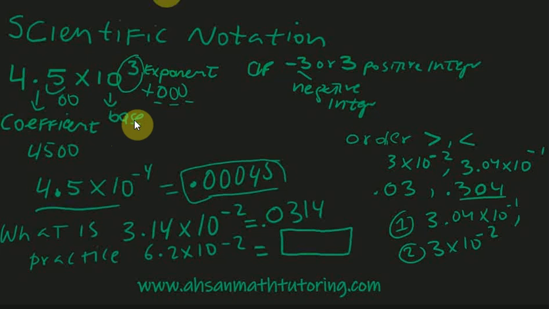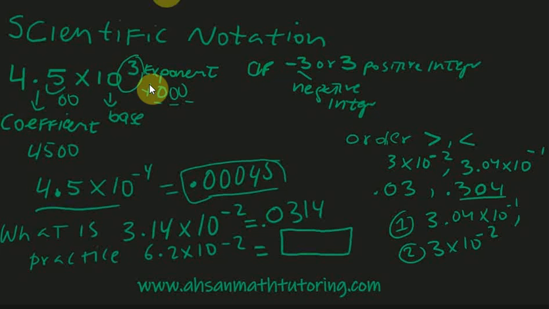So this is how you're supposed to identify: the number before times 10 is the coefficient, the number that is first. The 10 is base 10, right? The 3 is the exponent. So in this format, 4.5 times 10 to the 3, it is scientific notation, right?